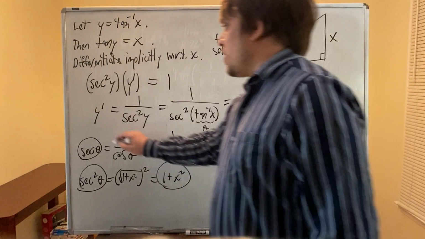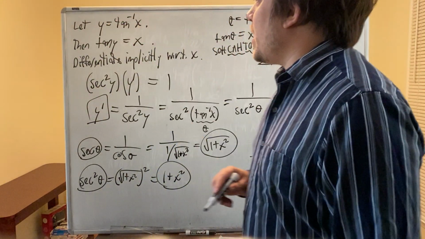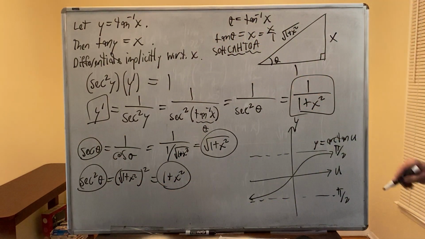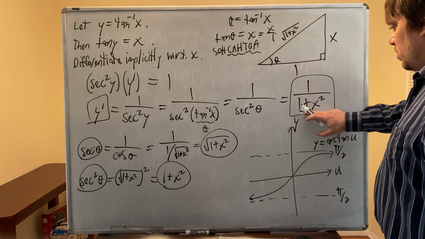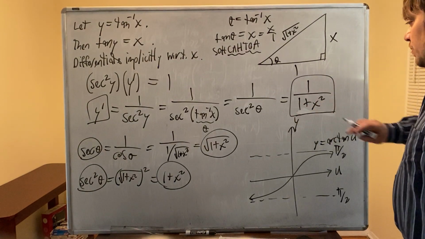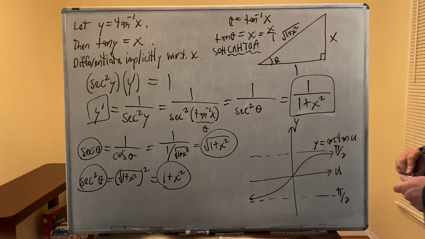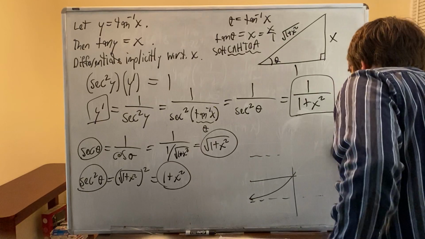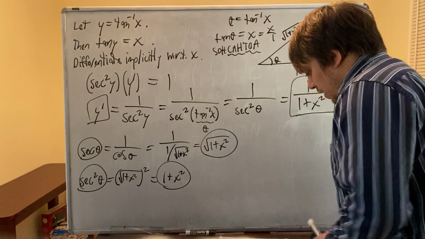And so what we found is that if y is tan inverse of x, then y prime, the derivative of that function, is 1 over 1 plus x squared. And so we reach the conclusion, so I'm going to edit the graph here. Don't need that now.